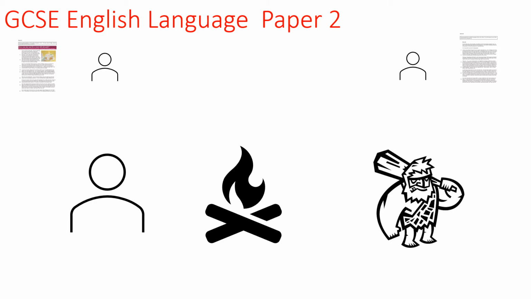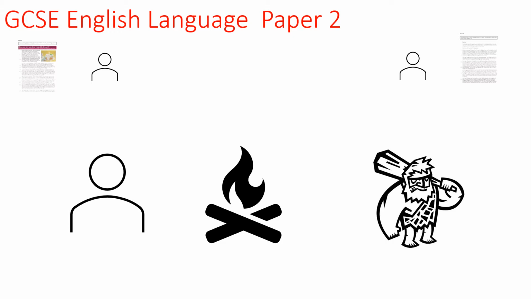For example, we've got fire, and we know that a caveman would view fire differently to somebody in the modern age. They would treat fire differently, think of it differently and feel about it differently. A caveman would probably be shocked and maybe impressed by fire, whereas a modern reader would probably be worried and cautious about it, knowing that it's dangerous.